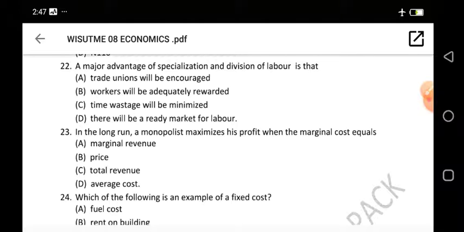You have them in your textbook, so you can go and check. So take note that in the long run, a monopolist maximizes its profit when the marginal cost is equal to the marginal revenue.